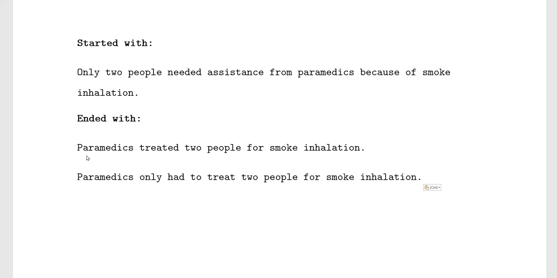And we ended up with paramedics treated 2 people for smoke inhalation, or paramedics only had to treat 2 people for smoke inhalation. As you can see, this is shorter and it's easier to understand. Readers see a character doing an action for a reason. And this is a good, clear edit. Thank you very much.